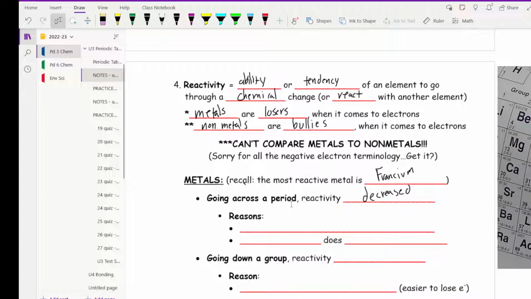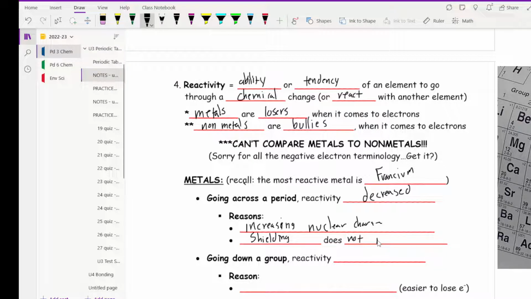So the reason they're so reactive, for metals, is they have increasing nuclear charge, which means they hold on to their electrons more. And then their shielding stays the same. So shielding does not increase. I hope you guys are getting the pattern of how we're increasing.